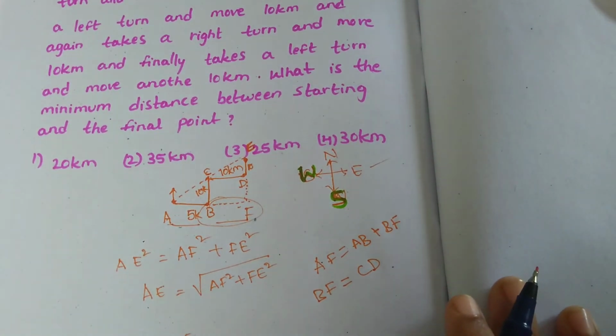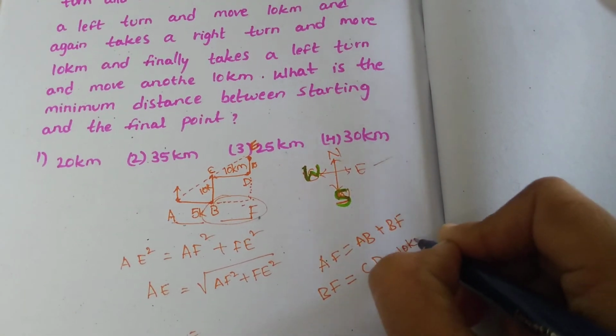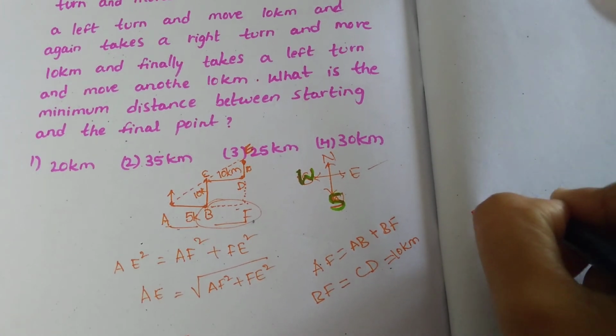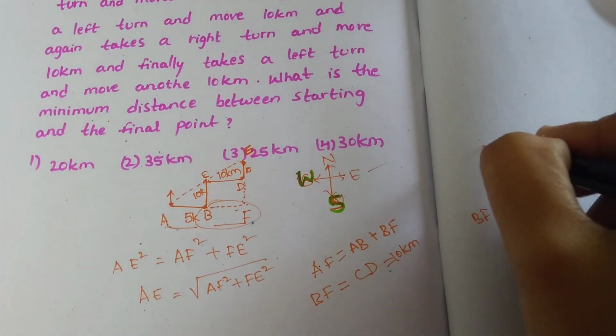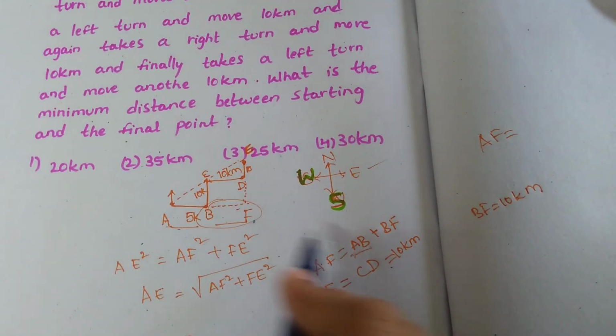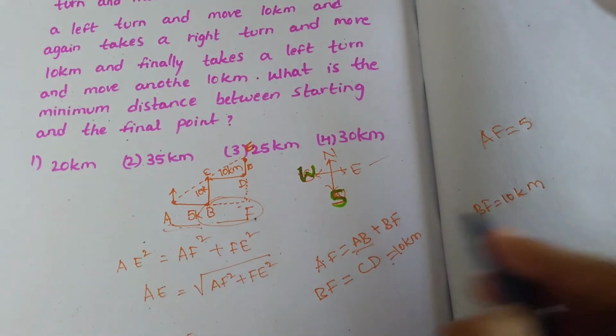The distance between C and D is 10 km. So BF equals 10 km. AF equals the distance between A and B, 5 km, plus the distance between B and F, 10 km.